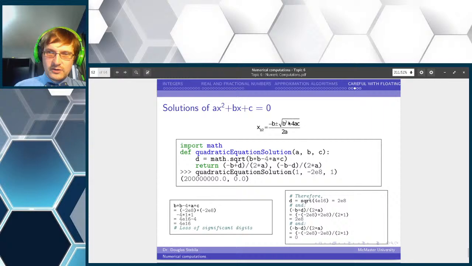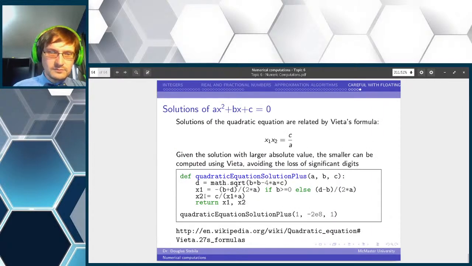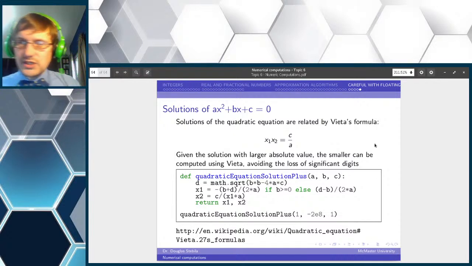That's this guy according to the previous. x1 is the quadratic formula in the regular sense, and then x2 is calculated from the other one. So there you go.